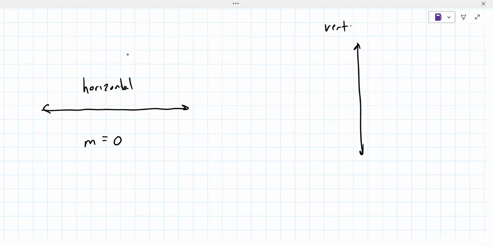This is vertical. This has undefined slope. And you just have to know the difference between them. Okay. All right. Is that clear? Mm-hmm.